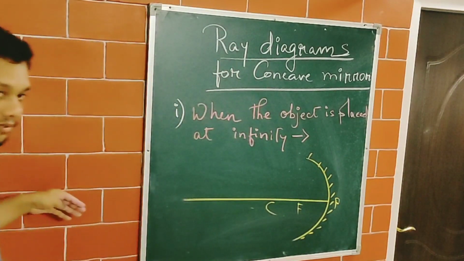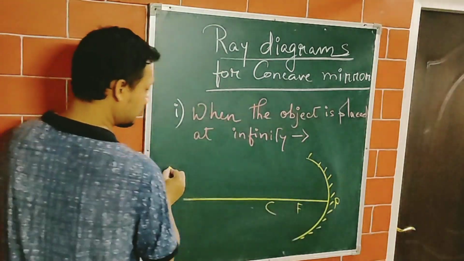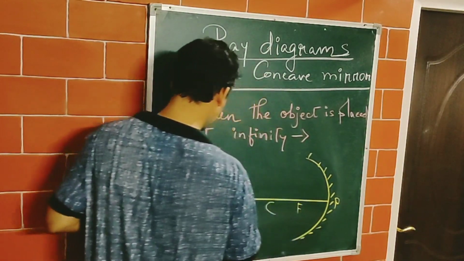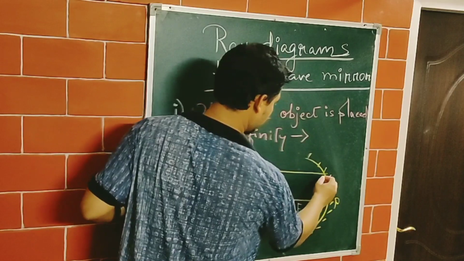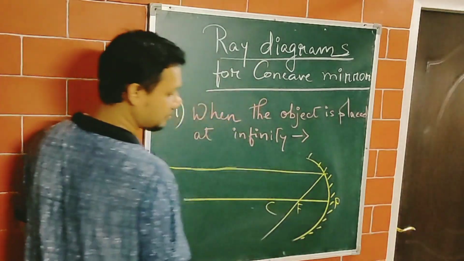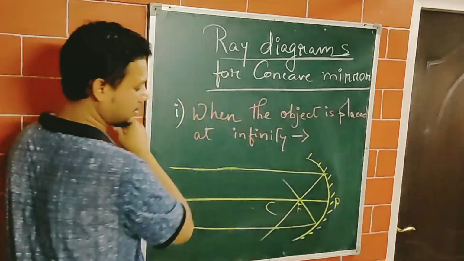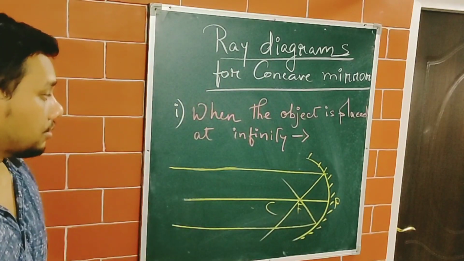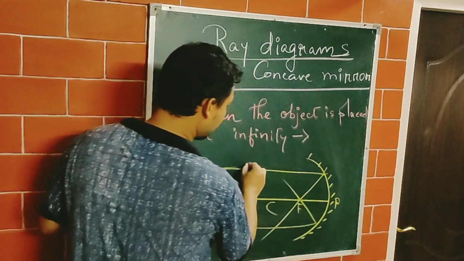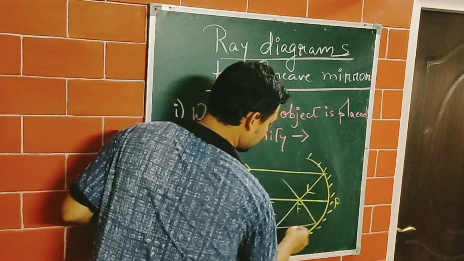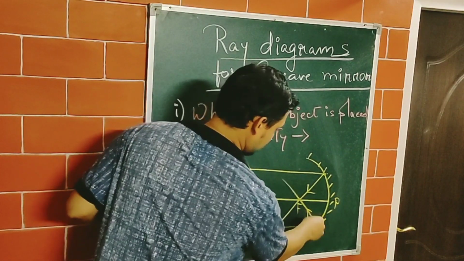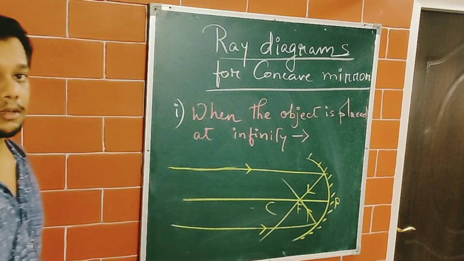Rays are coming from infinity, and they are obviously parallel. Parallel rays after reflection pass through the focus. In a ray diagram, showing the direction is very important. Show the direction like this. Fine.